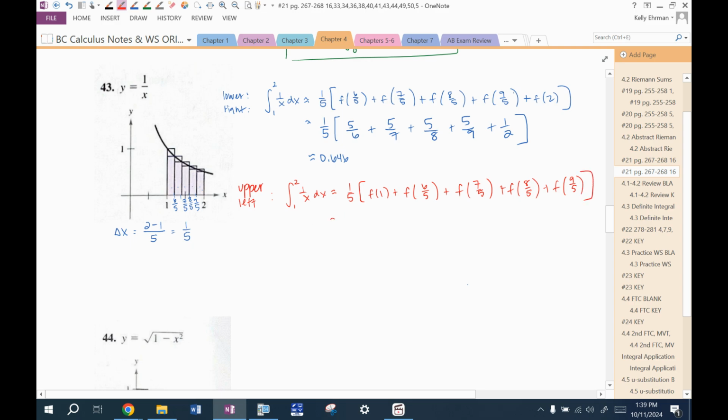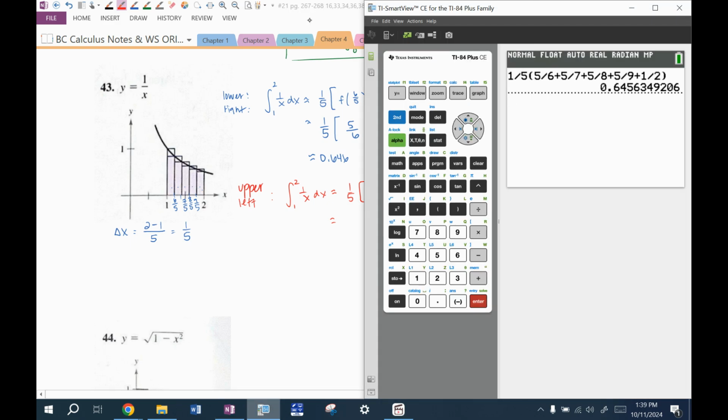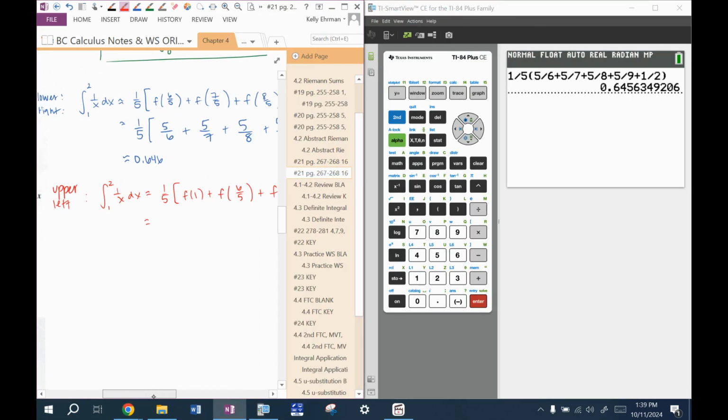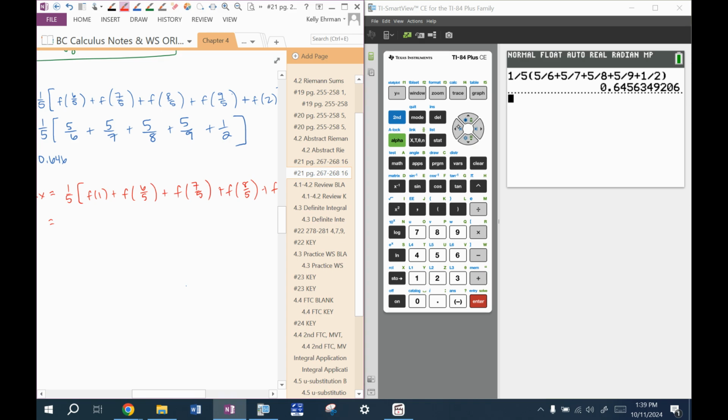And again, you can write that in, or I'm just going to start typing it onto my calculator here. So I want to pull up this last line here, actually. And I've got the 1/5. I've got the 5 over 6, 5 over 7, 5 over 8, 5 over 9. I don't want 1/2. I'm replacing f of 2 with f of 1. So I'm just going to type in a 1 right there.